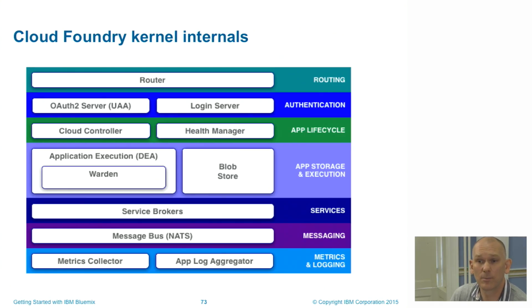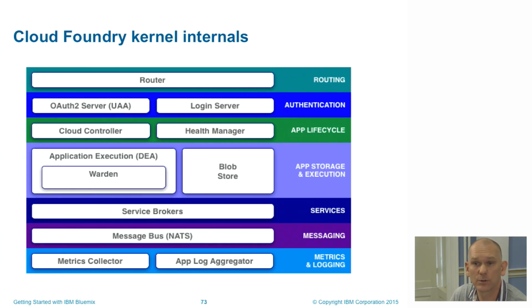This is the place your application actually runs, and it uses a technology called Linux containers. Your application runs as part of a container within this layer. When you create your application, when you stage your application, we actually store that in the binary store.